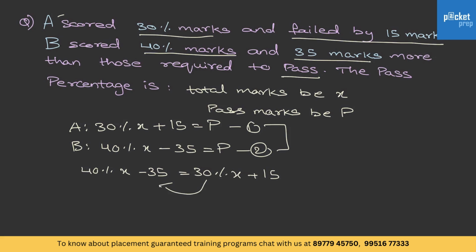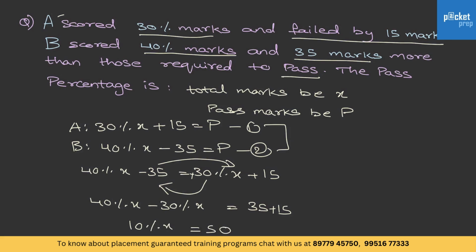Let's shift this side and minus 35 this side. So this is plus. If it comes here, it becomes 40% X minus 30% X is equal to 35 plus 15. So 10% of X is equal to 50.